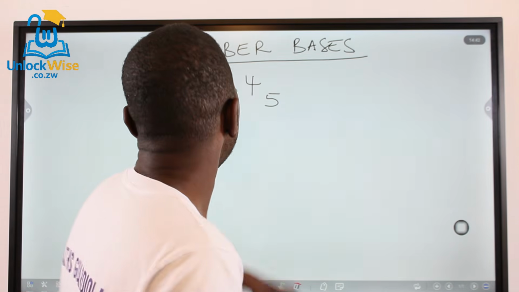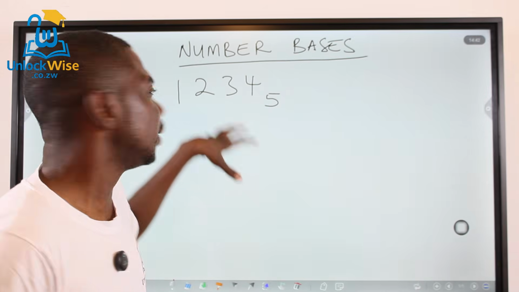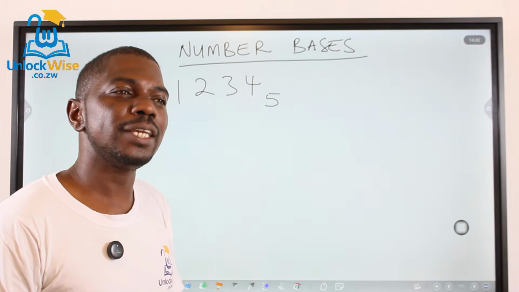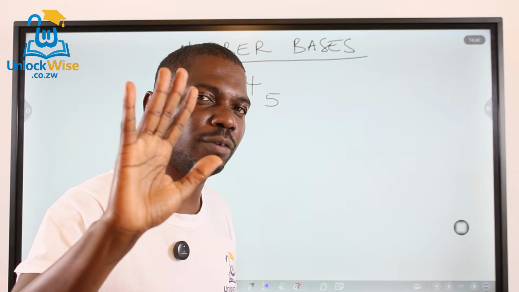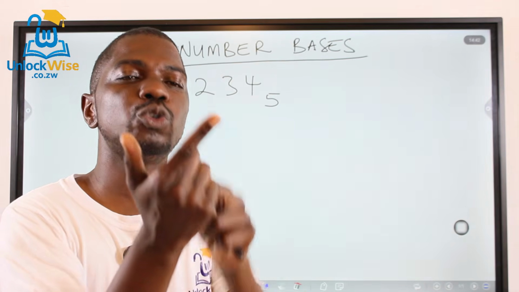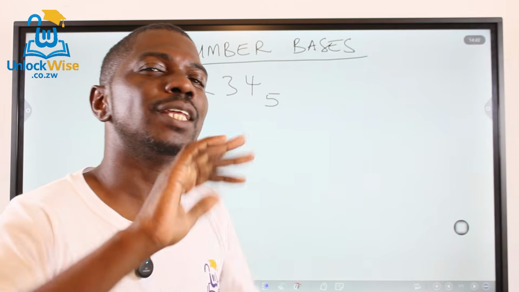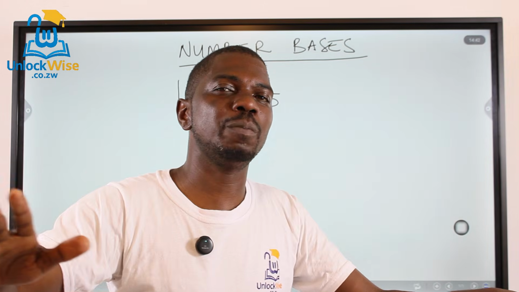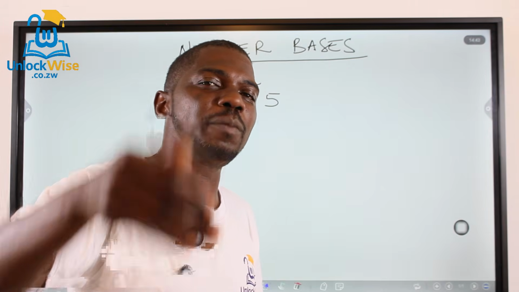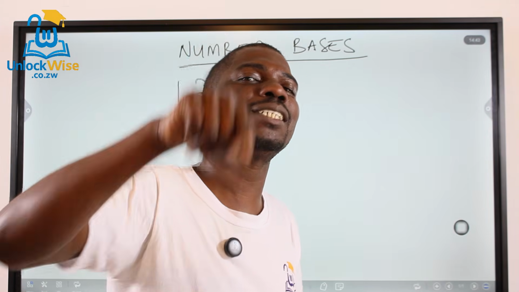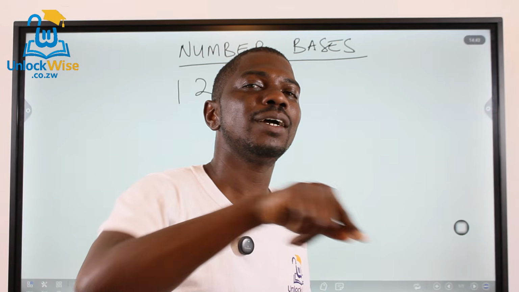And by the way, why I love this one, I often use this to explain that in base 5, we don't have 5. We only have 5 numbers: 0, 1, 2, 3, 4. There is no 5 in base 5. Similarly to any other base, we have the same number of numbers as the base, but we don't have that base number in that base.